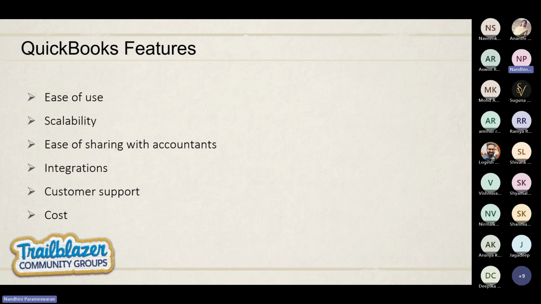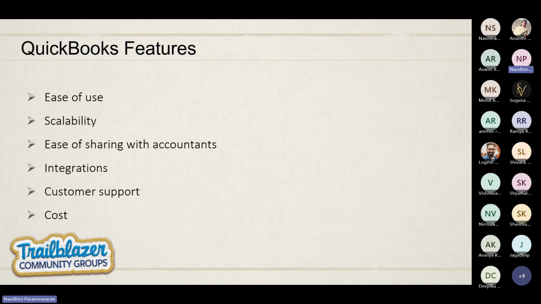It's also very easy to share information with accountants. With the audit trails and some other components, we can definitely give access to the accountant also, which they are very familiar with.